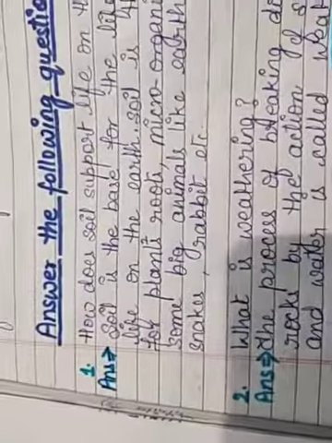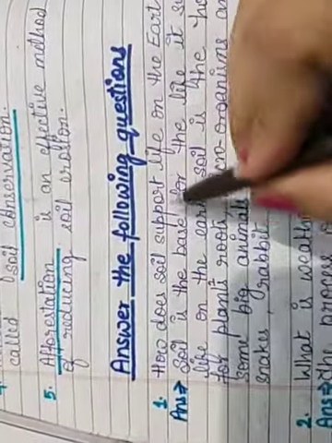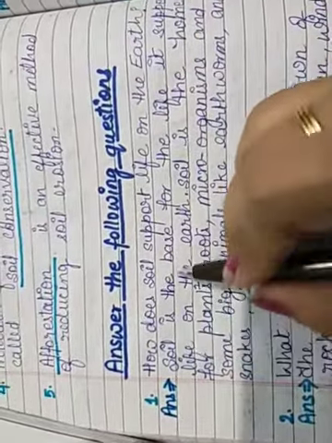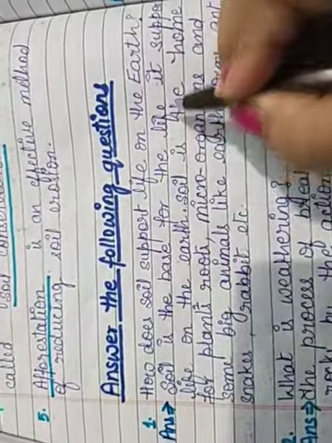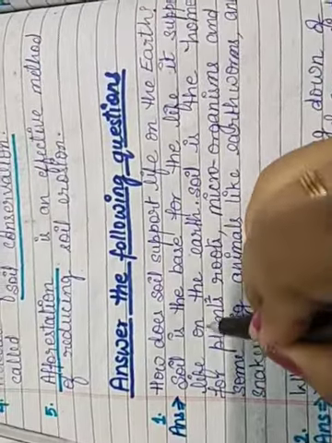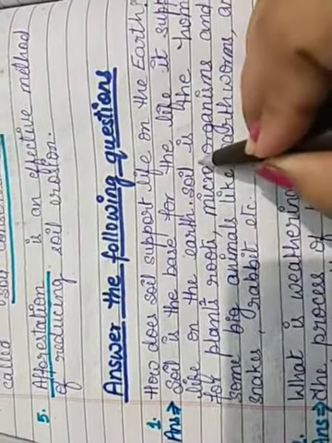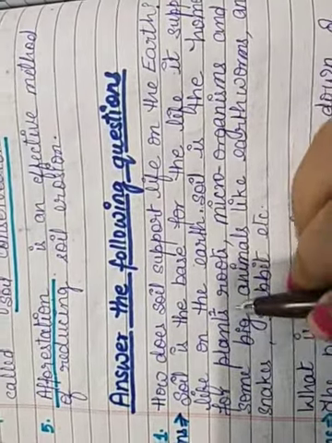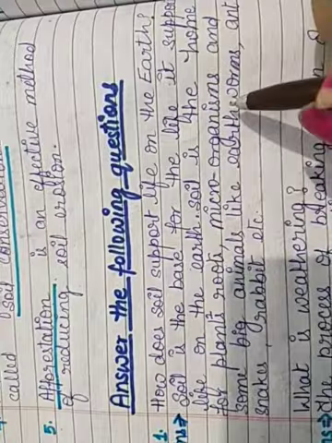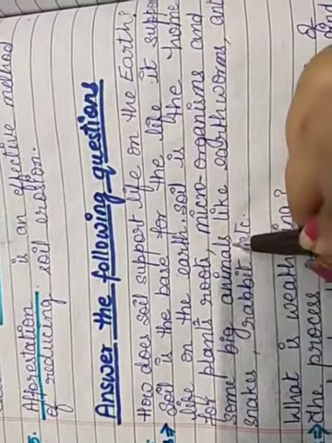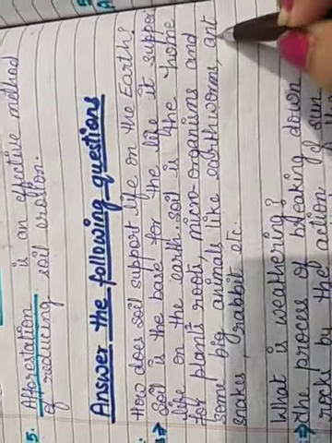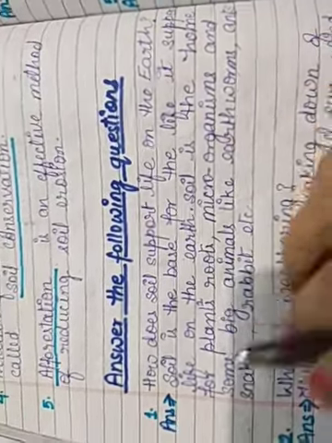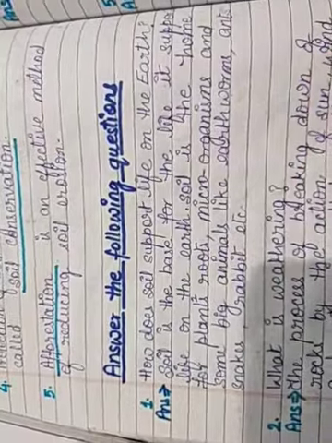The question is, how does soil support life on the earth? Answer: soil is the base for life. It supports life on the earth. Soil is the home for plants' roots, microorganisms, and some big animals like earthworms, ants, snakes and rabbits, etc. So how does the soil support life?